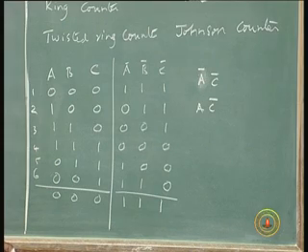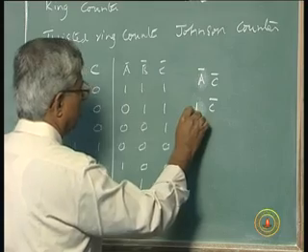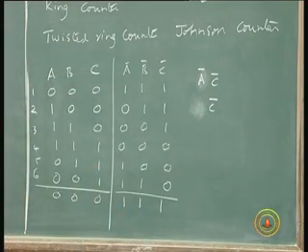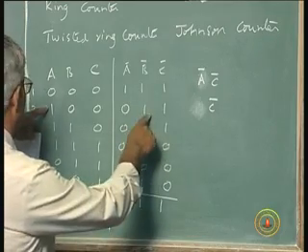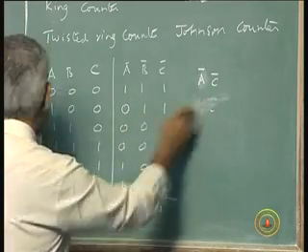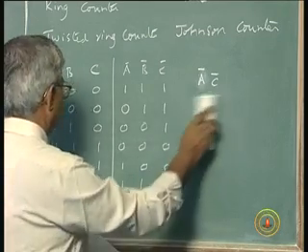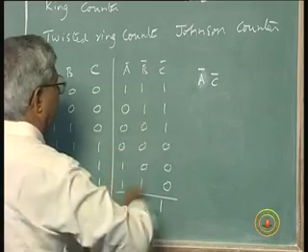A bar, B bar, C bar. A B bar, A B bar, right? Is A B bar on only for this? A B bar, correct.